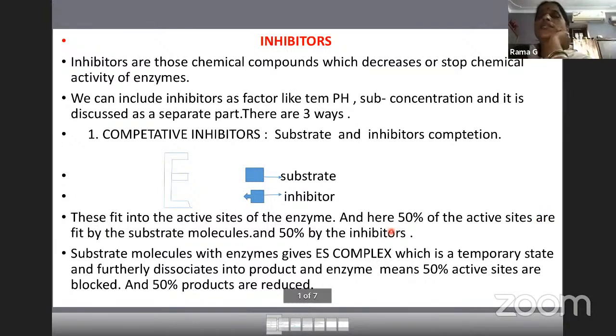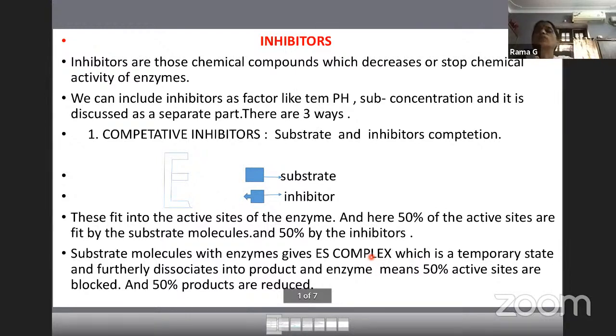And now a substrate molecule with the support of this active site and the enzyme gives the enzyme substrate complex. That means both together give the enzyme substrate complex, which is a temporary state. As we know, why?